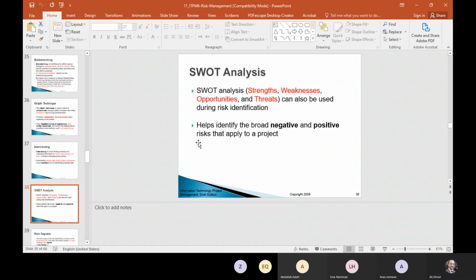And the last one is SWOT analysis, which is strengths, weaknesses, opportunities, and threats.